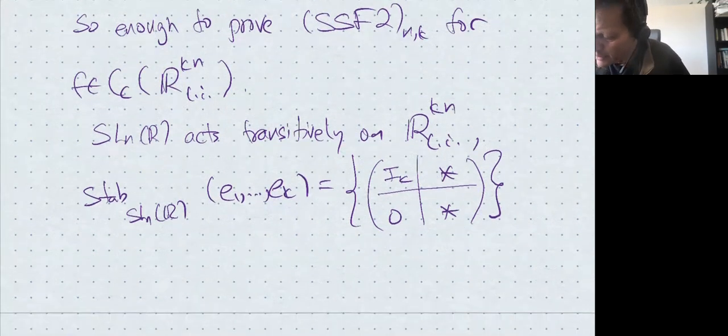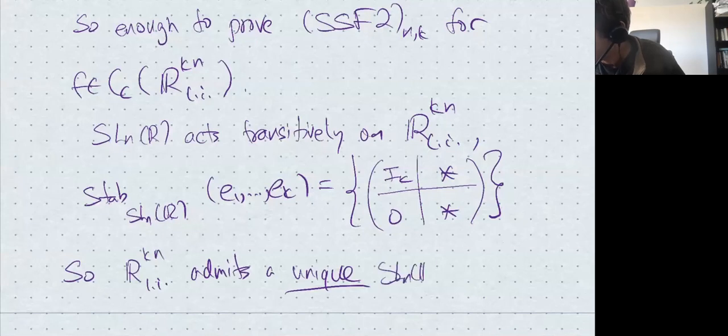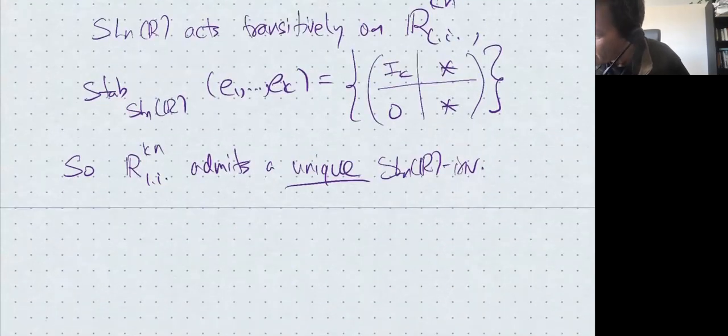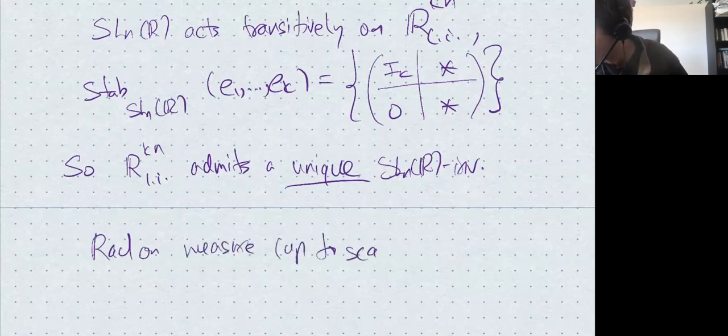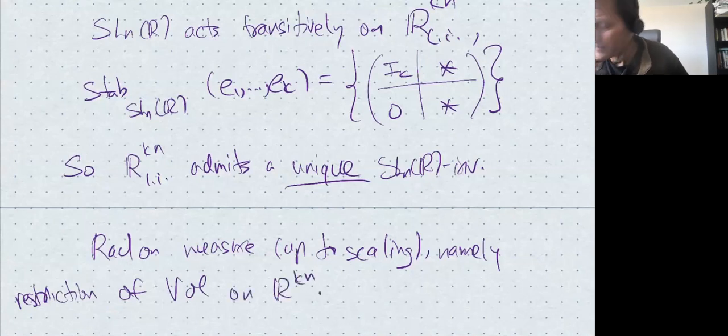so this space admits a unique SL_n(R)-invariant Radon measure, up to scaling, namely the volume measure, the restriction of the Lebesgue measure on R^{nk}.